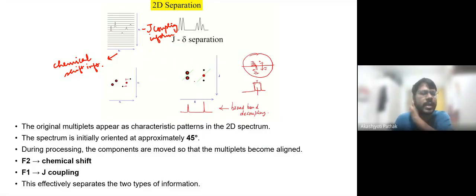Now when you take a contour map, or convert this into 1D NMR, it will look like this signal.